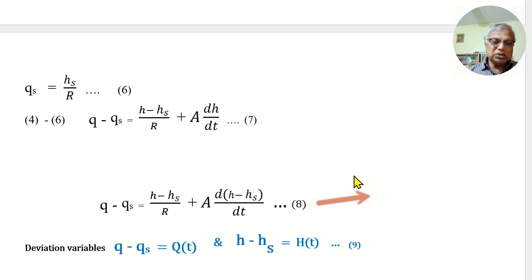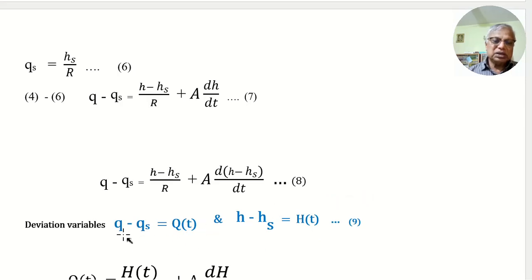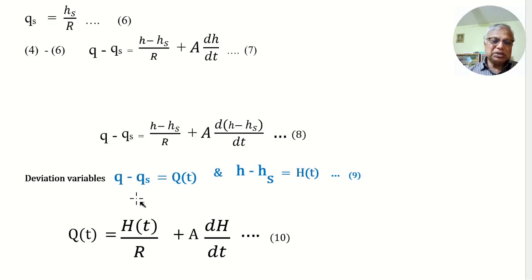Now let me introduce the deviation variables. The deviation variable Q minus Qs equals capital Q, which will be a function of time. H minus Hs equals capital H, that also will be a function of time. I'll introduce these variables and substitute them in equation 8.